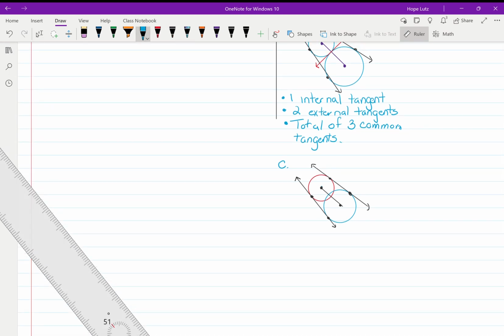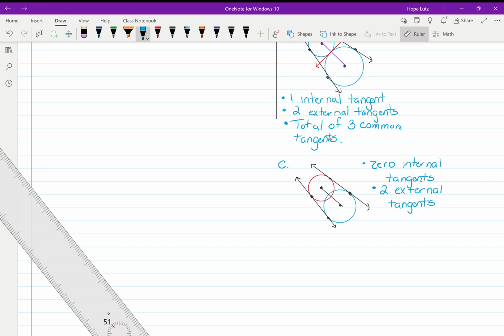So in this case, all right, we have, and I'm going to write this over here, 0 internal tangents, and then we have 2 external tangents.